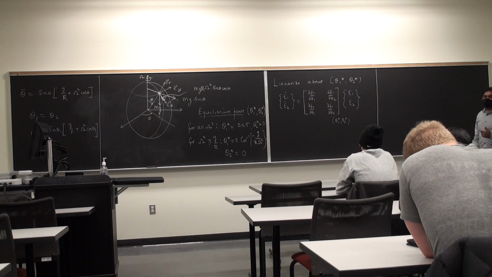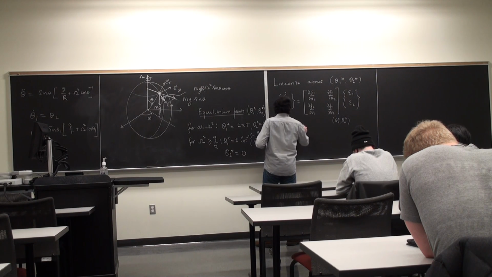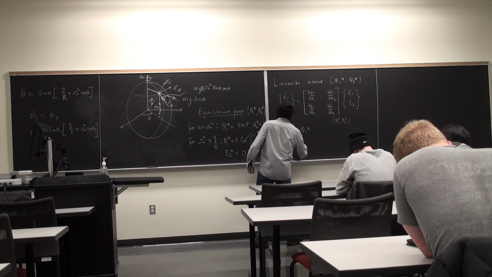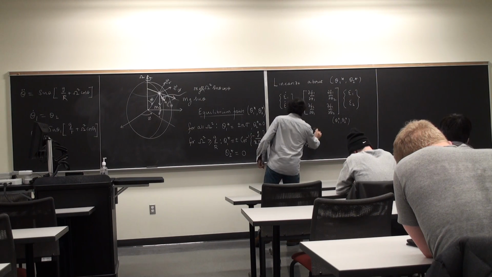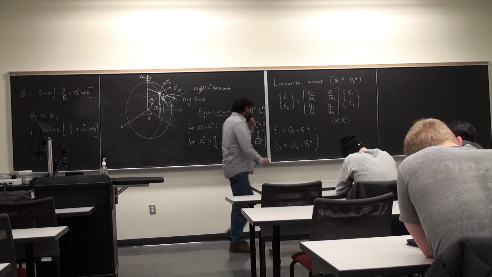Where epsilon 1 is theta 1 minus theta 1 star. So epsilon 1 is theta 1 minus theta 1 star. Epsilon 2 is theta 2 minus theta 2 star. So these are the perturbations.